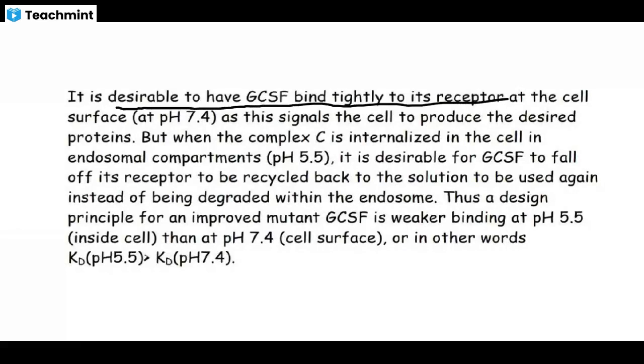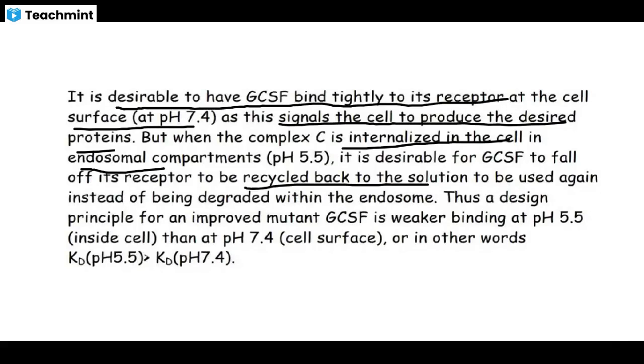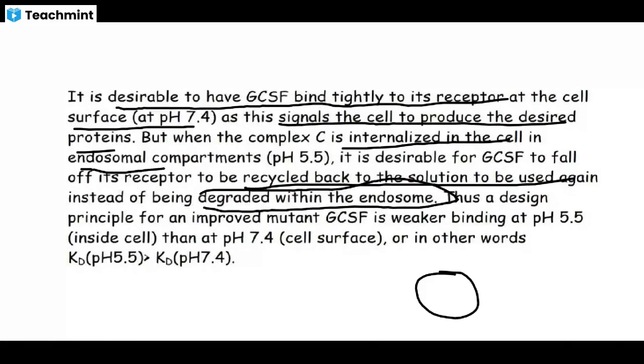At the cell surface, the pH is 7.5, and the ligand makes the cell produce the desired proteins. But when the complex is internalized into the cell, in the endosomal compartment at pH 5.5, it should fall off its receptor to be recycled back to the solution and used again, instead of being degraded in the endosome. If the drug binds with the receptor and goes into the cell, enzymes there decompose the drug.